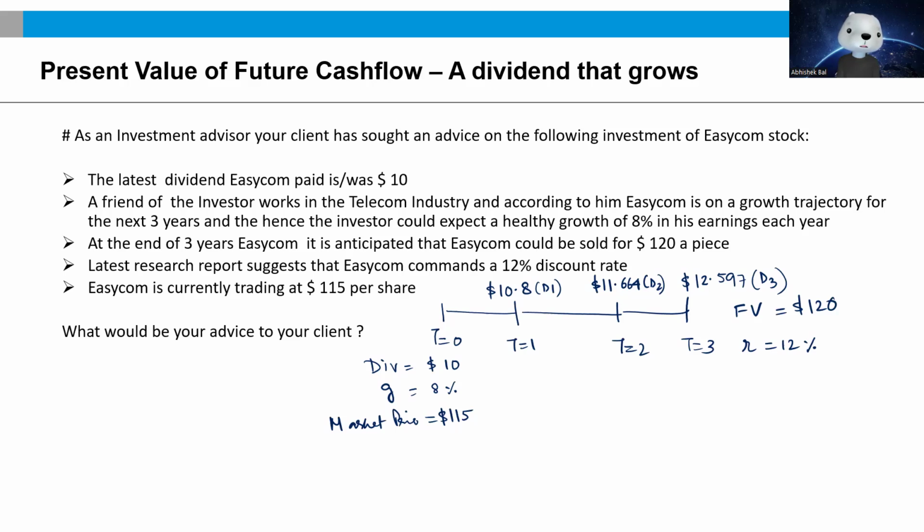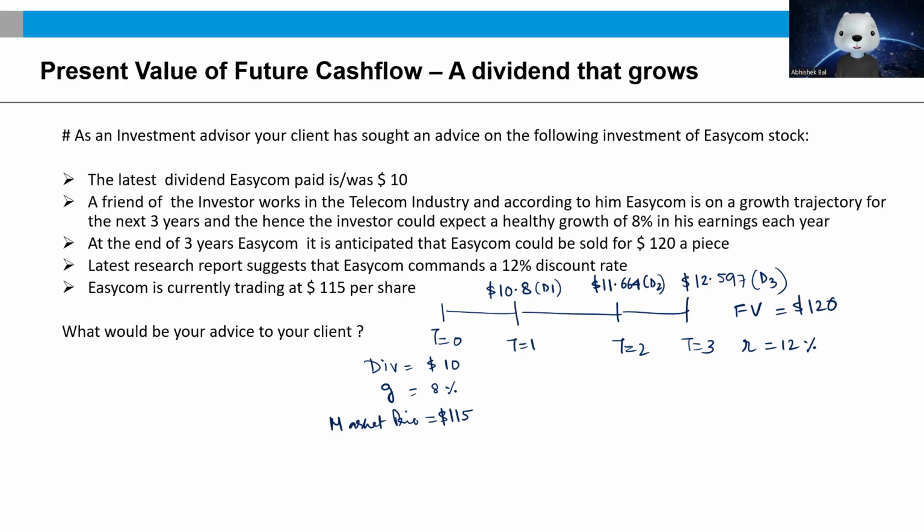On the other hand, if you're getting something cheaper than its fair value, obviously, other things remaining constant, maybe that's a very big potential buy call. So out here as well, the job remains the same, the logic remains the same, the common sense remains the same. The additional twist to this problem is that now we are not dealing with a constant dividend, but a dividend that's growing at a constant rate of 8% each year.